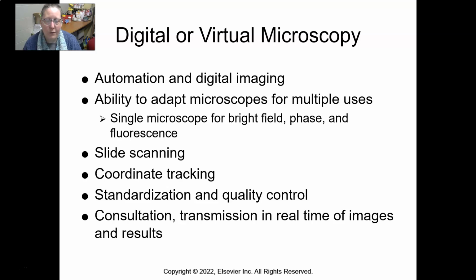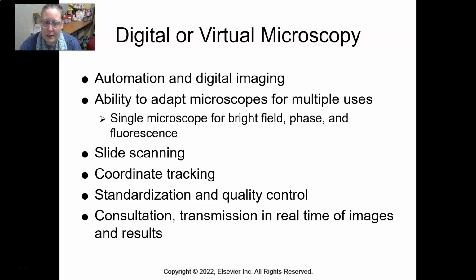You can use it for bright field, phase contrast, and fluorescence. It can be used for slide scanning and to coordinate tracking of specimens throughout the system, especially with the more automated systems, which are the large, expensive systems like the BD Kiestra in microbiology.